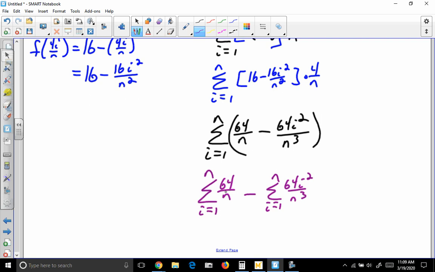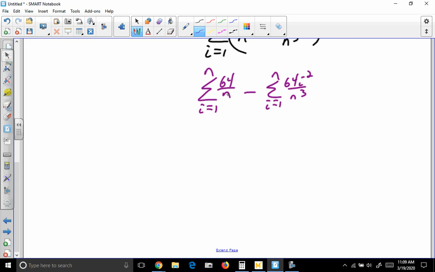For this first summation, there's not an i on the inside, so that whole thing is a constant. So remember how we do the sum of a constant. We take the number on top times our constant. n is specific to how many rectangles we're going to have. So once you tell me that, that's not changing as far as our summation.